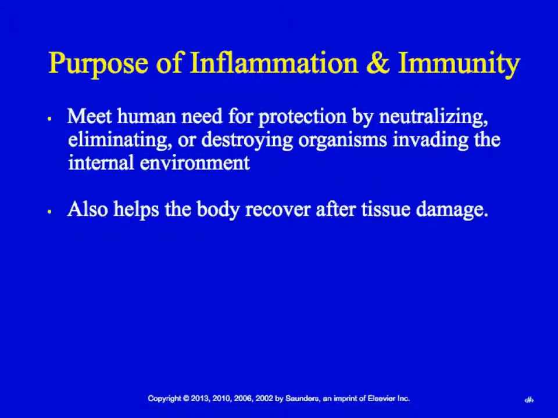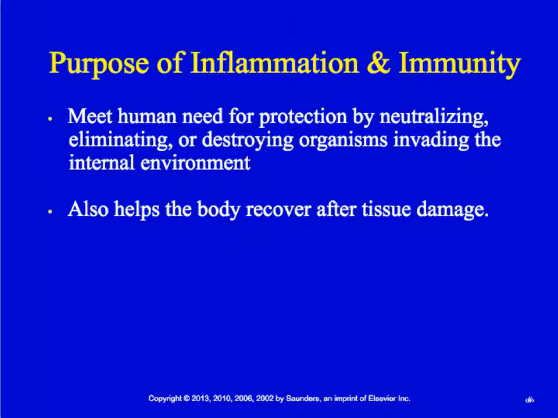Inflammation and immunity are defense mechanisms of the body. Inflammation is an innate protective piece that we are given as a protective mechanism. It's not something we can get from another person.